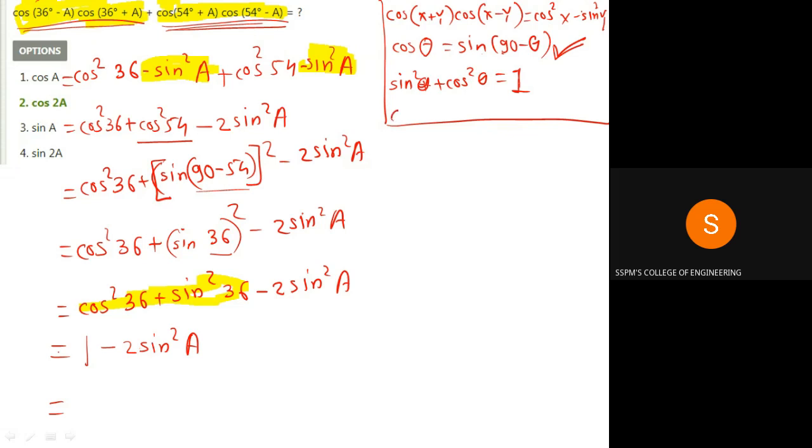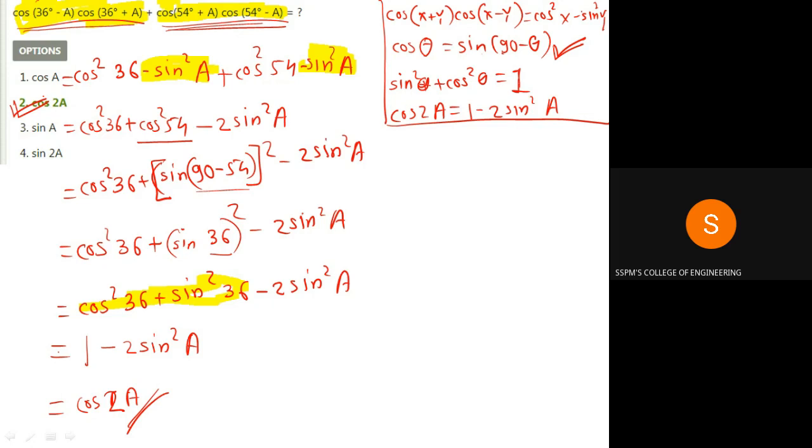Cos 2a is equal to 1 minus 2 sin square a. So instead of 1 minus 2 sin square a, you can write cos 2a. So that is the correct option. You do not have to solve with all these steps; skip this step in order to save time in your examination.